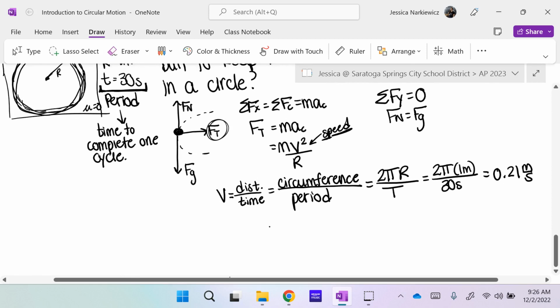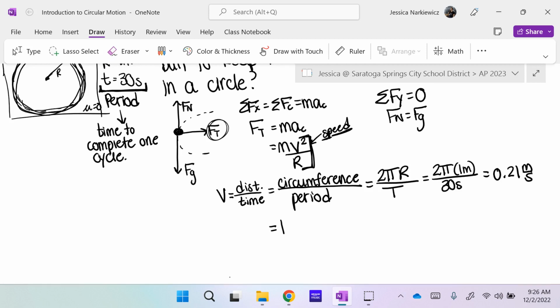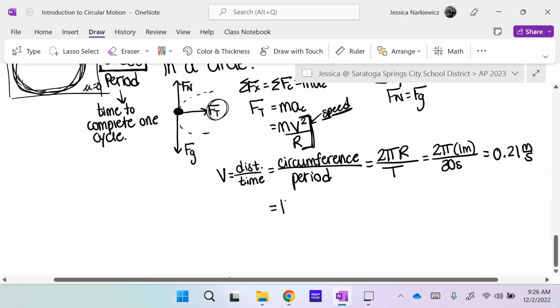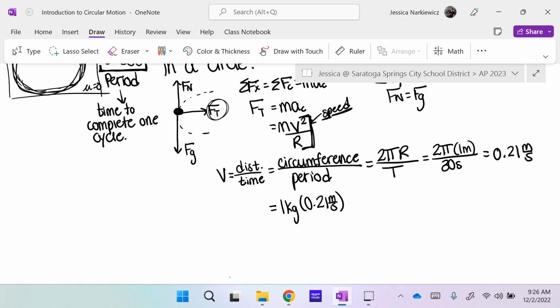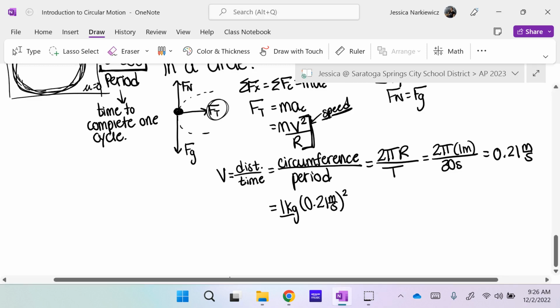All right, so now I have all the information I need to fill into this m v squared over r. My m was 1 kilogram. My speed we just found was 0.21 meters per second. And we're not going to forget to square it. I will say forgetting the square here is one of the most common algebra errors. And then I divide by the radius, which is 1 meter.